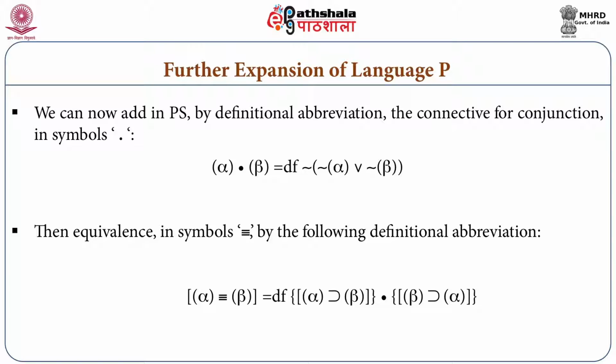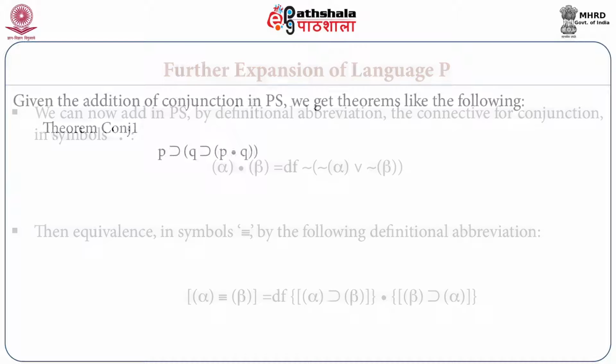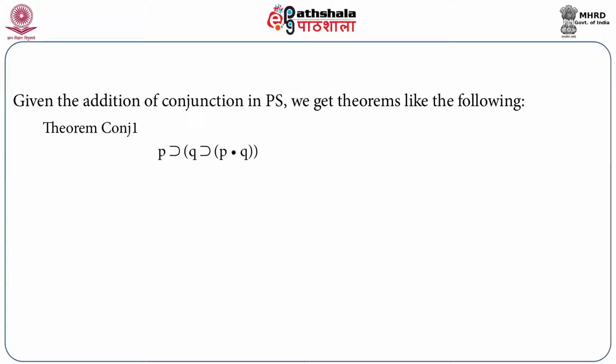Now, given that definition, we can actually generate a number of theorems or derived rules. Let us look at some of those derived ones. Theorem conjunction 1. If P, then Q implies P and Q. Theorem conjunction number 2.